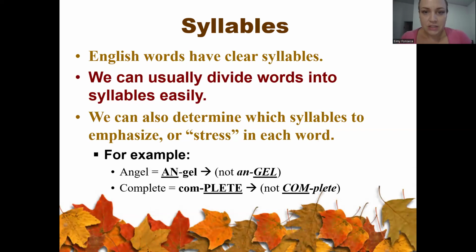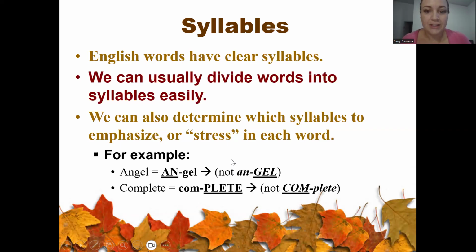In English, we have syllable division depending on the amount of vowel sounds that we have in a word. Here I have some examples of syllable divisions. For example, angel has 2 syllables and complete has 2 syllables.